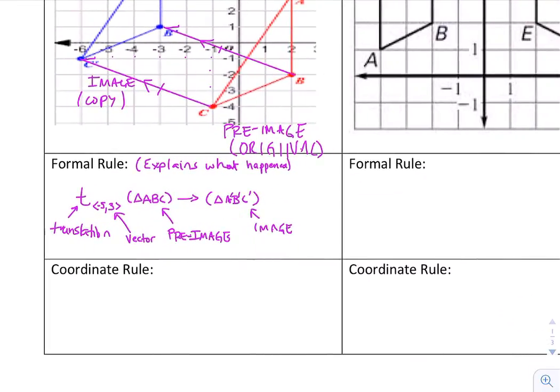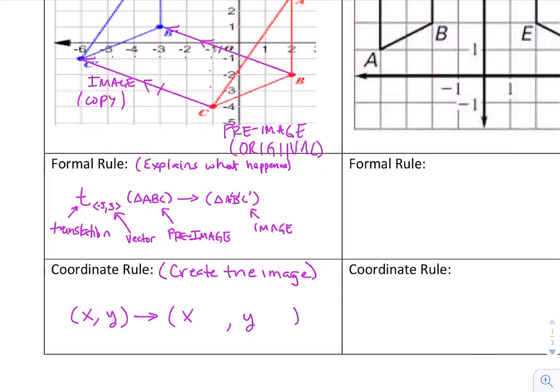Now the coordinate rule is just telling you actually how to create the new object or create the image. And so with this, we expect to see some kind of x and y mapping because we're on a point. Our coordinate rule starts with an x and y, and to get that x and y, we have to do the x with something, and then we have to do the y with something.